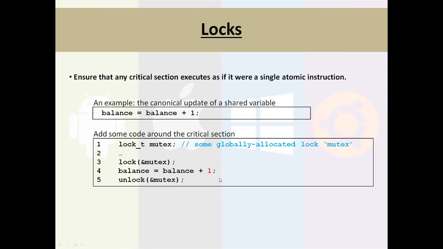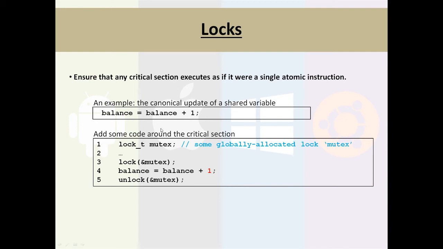Cool. So let's check some code about how locks actually function. Like I was saying, critical regions, maybe you weren't too sure what I meant there, but locks ensure that any critical section executes as if it were a single atomic instruction. So that's the mutual exclusion that we're looking for.